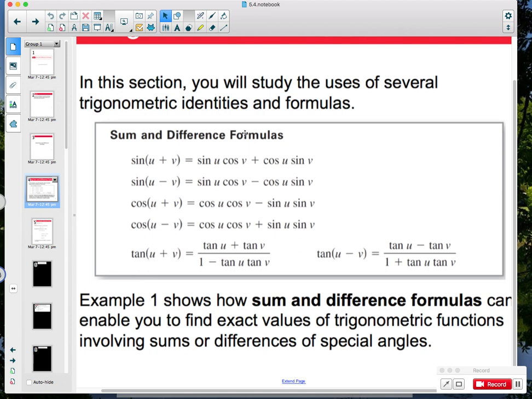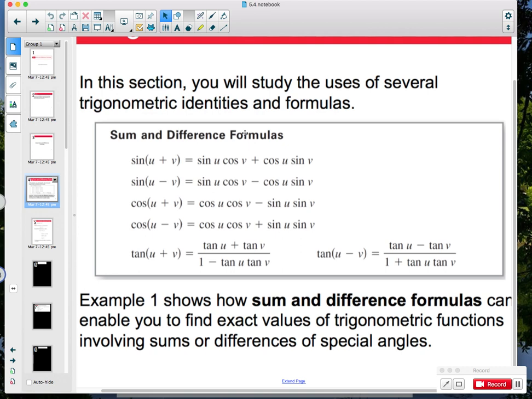I see an easy pattern: the cosine of the sum becomes a subtraction and the cosine of the difference becomes an addition. That's a good thing to remember. On the cosine formulas you have the cosines first, the sines second.